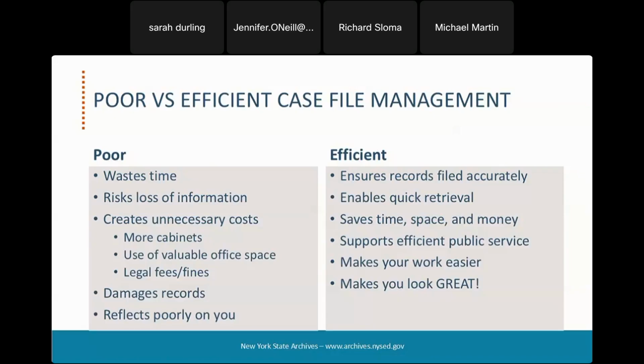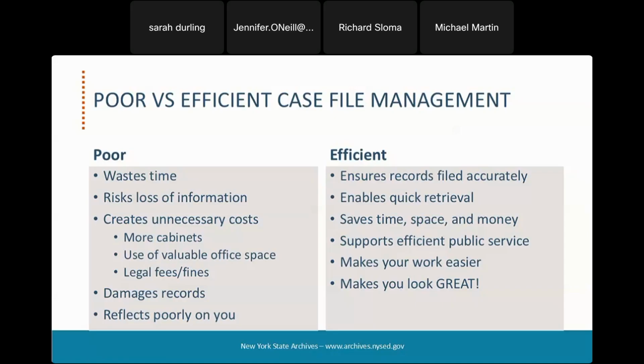But the biggest risk may be your time wasted trying to use files that aren't managed, that aren't organized, that aren't in a way that can make them workable for you. Not finding the information you need to do your job or to serve the public. When you cannot find something and you cannot make it available, it makes you look like you cannot do your job. And that is something everybody wants to avoid.